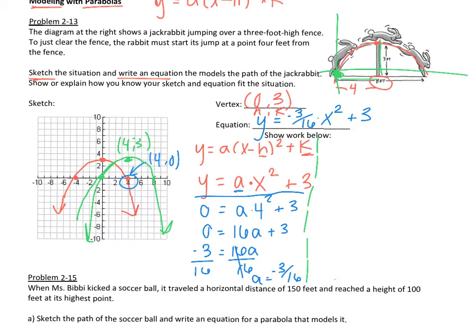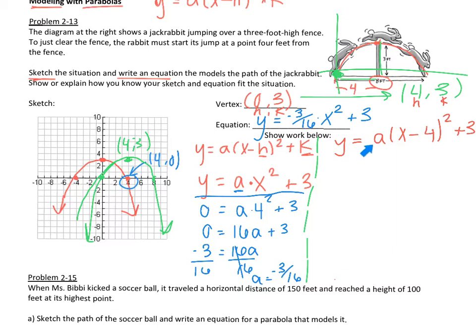So if my vertex is 4, 3 instead, then my equation would be y equals a times x minus, remember this is my h, that's my k, so that would be x minus 4 squared plus 3. So I've plugged in my h and k values, which is different than this because I chose a different vertex, remember.